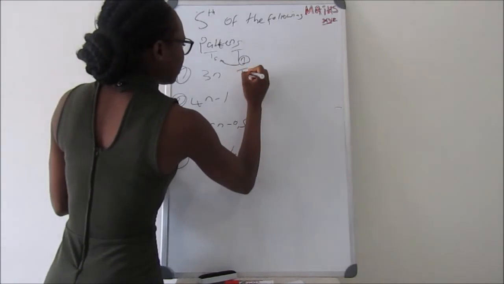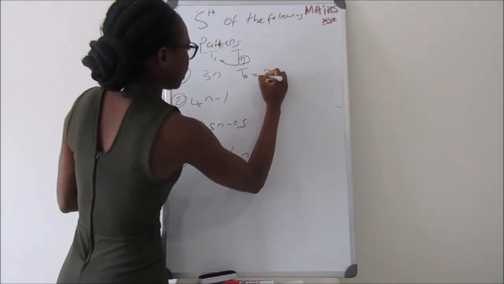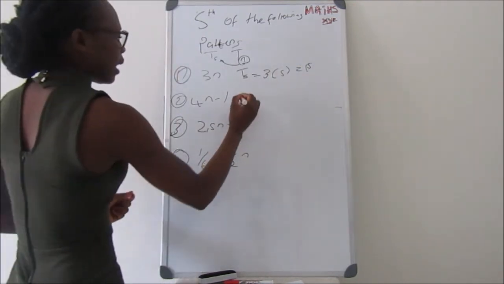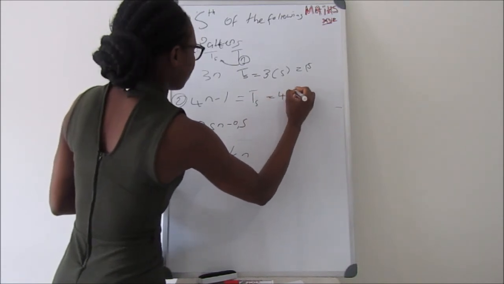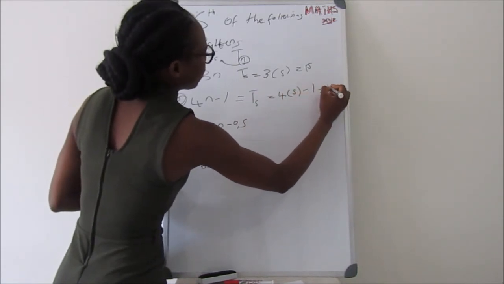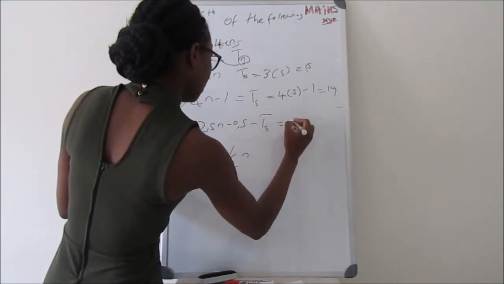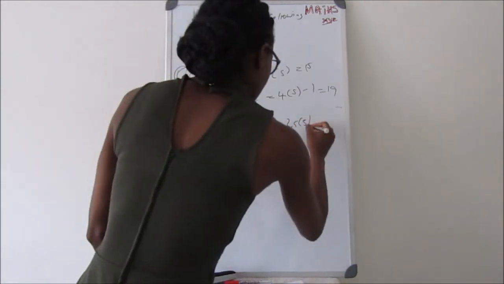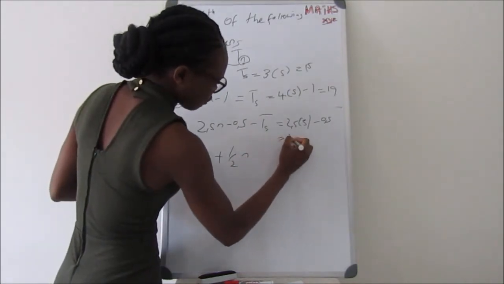So the Tn, which is T5, because it's the fifth term, will be 3 multiplied by 5, which will be 15. Quite easy. And this one will be T5 equals 4 by 5 minus 1, which will give us 19. And this one, T5 as well, will be 2.5 multiplied by 5 minus 0.5, which will give us 12.